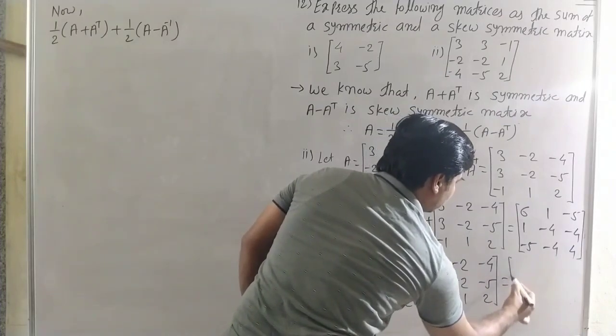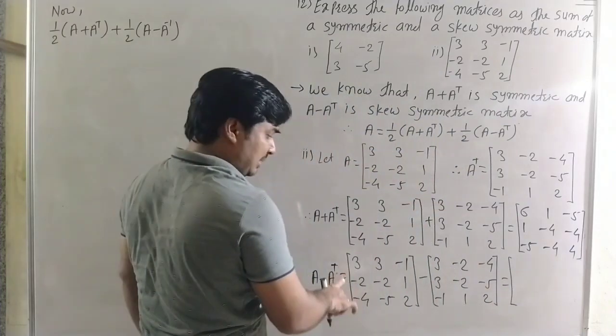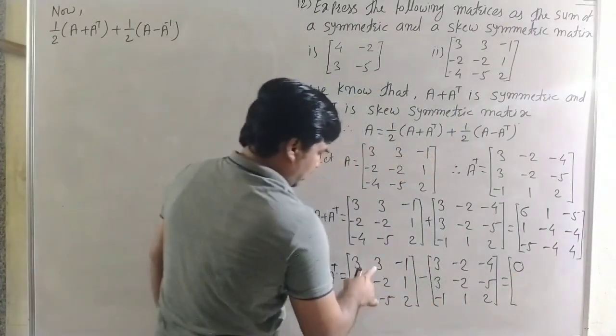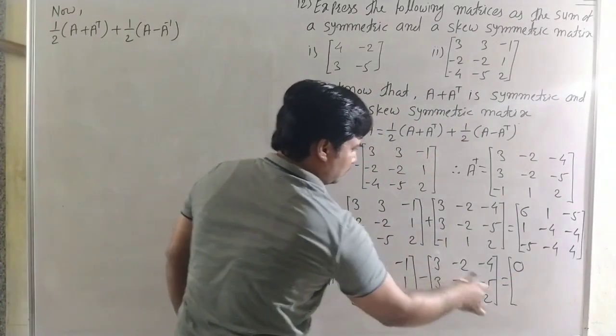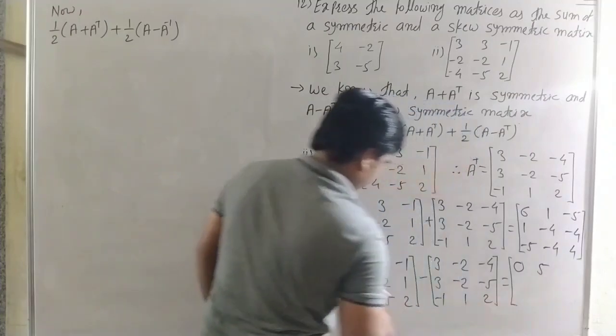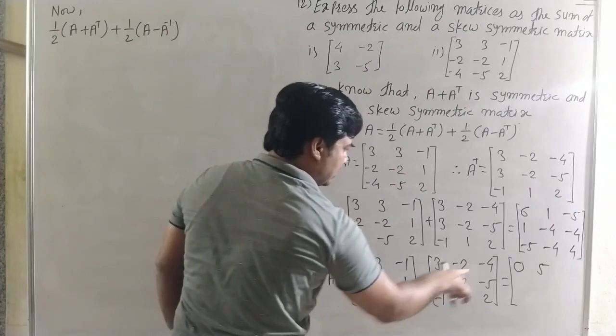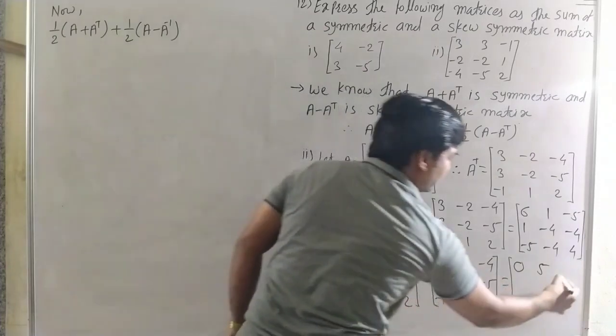And then this is equal to, here, subtraction: 3 minus 3 is 0. 3 minus minus 2, that is 3 plus 2, which is 5. Minus 1 minus minus 4, that is minus 1 plus 4, it is 3.